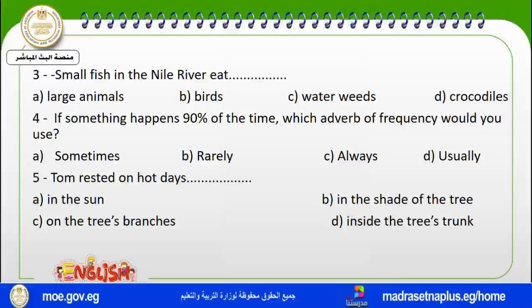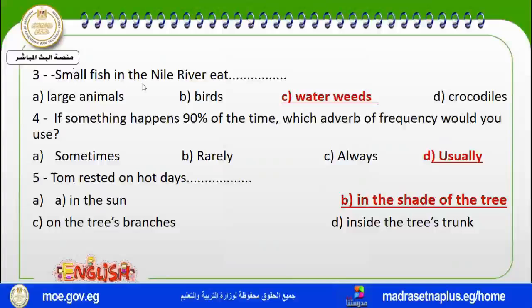For 90%, we can use sometimes, or rarely, or always, or usually. Which one expresses 90%? Number 5. Tom rested on hot days in the sun, on the tree's branches, in the shade of the tree, or inside the tree's trunk. Let's stop and think.